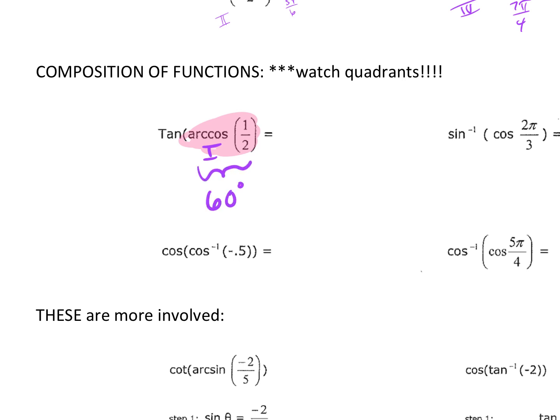Excellent. Okay, so we just found an angle measure, and now this is saying take the tangent. So we're doing the reverse operation now, right? Now we're saying take the tangent of 60 degrees. So that means at 60 degrees, we need to do our numerator of the y over the numerator of the x. And so our answer then is that value of square root of 3, or square root of 3 over 1.